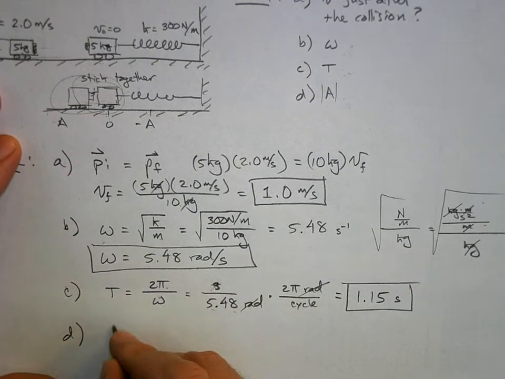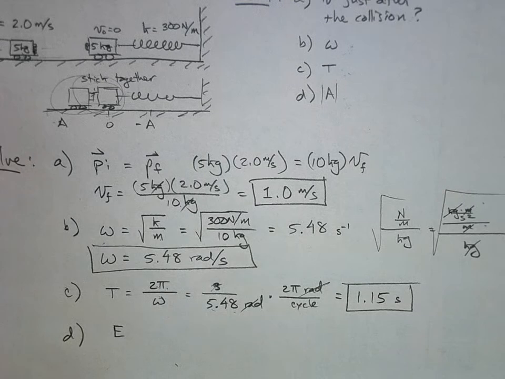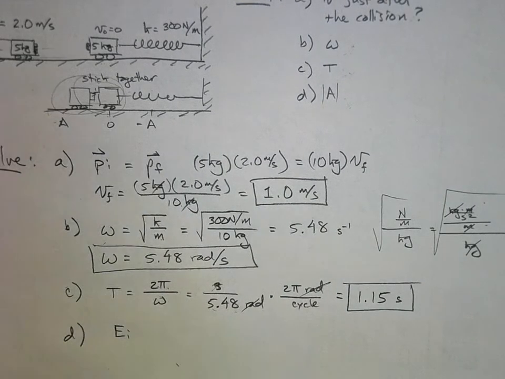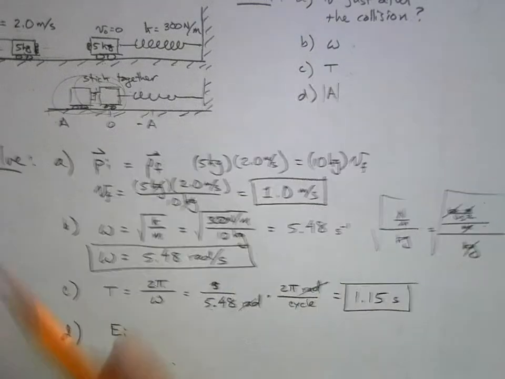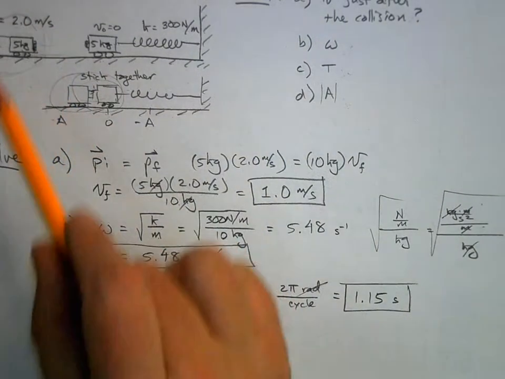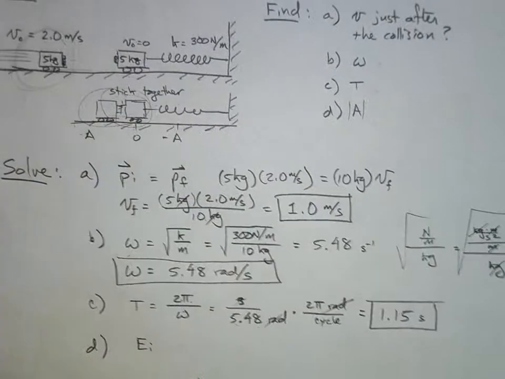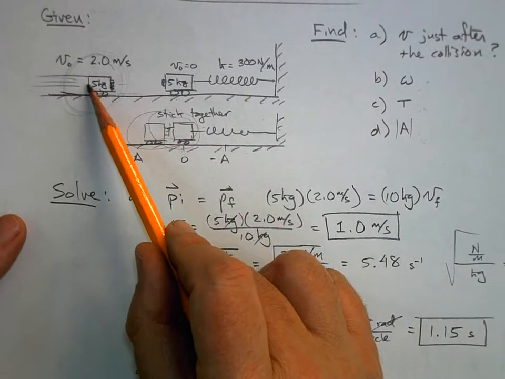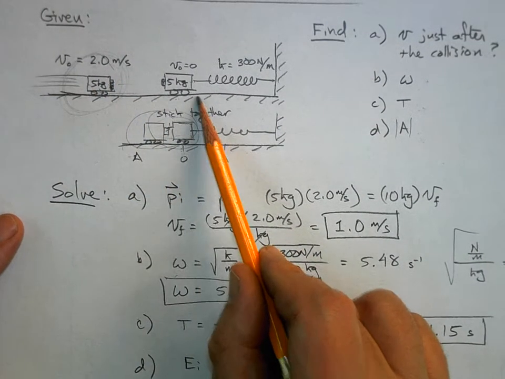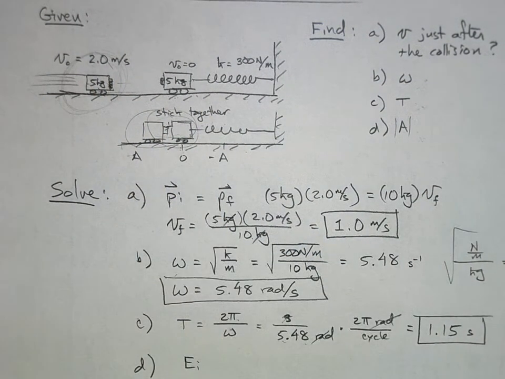So the mechanical energy it has initially, and by initially I mean after the collision, because this has a lot of kinetic energy over here. After it hits and sticks, it doesn't have nearly as much kinetic energy.